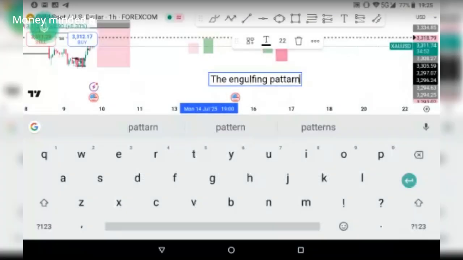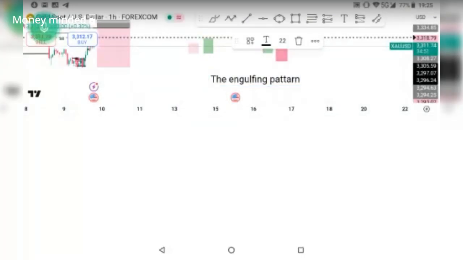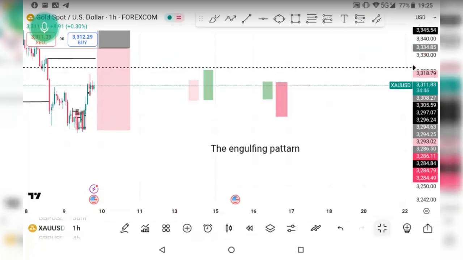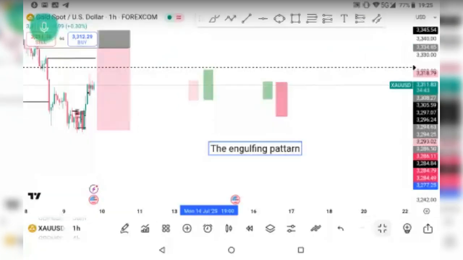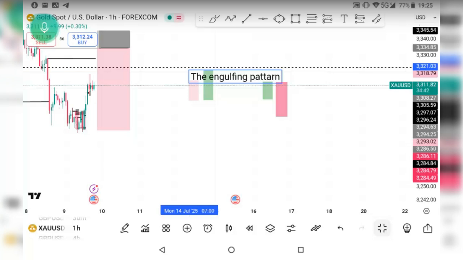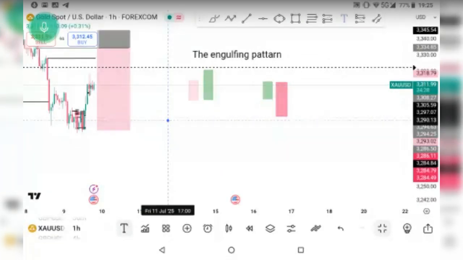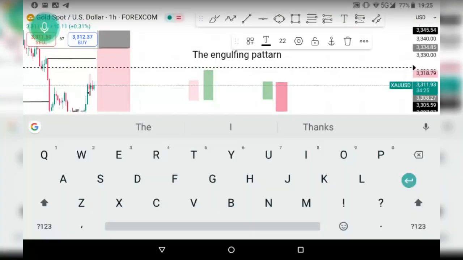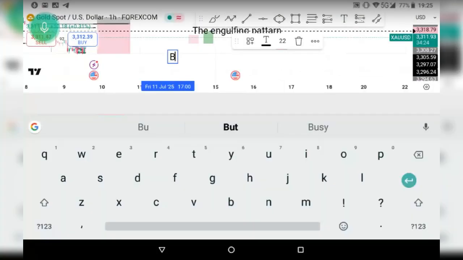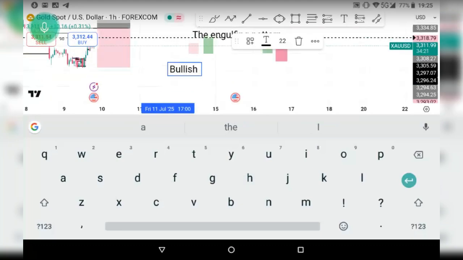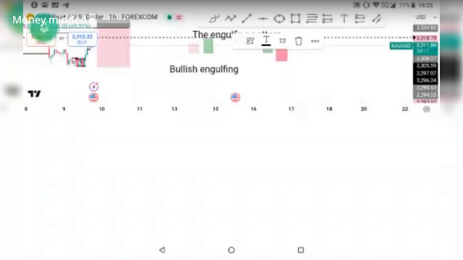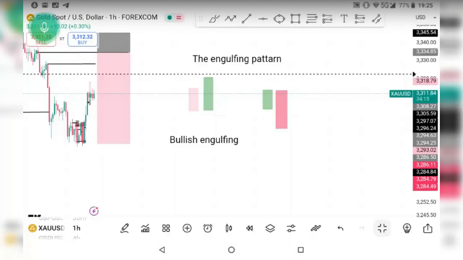So the engulfing pattern, we have the bullish engulfing, we have the bearish engulfing. This is the bullish engulfing. And the other one is the bearish engulfing.